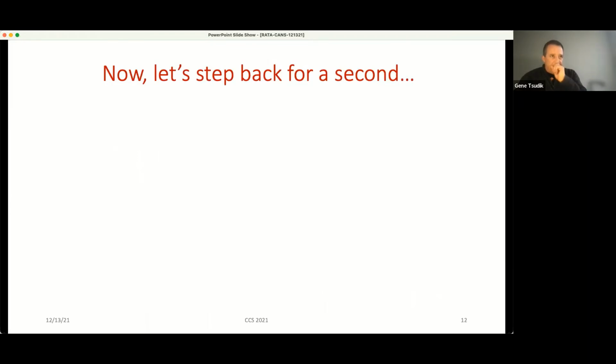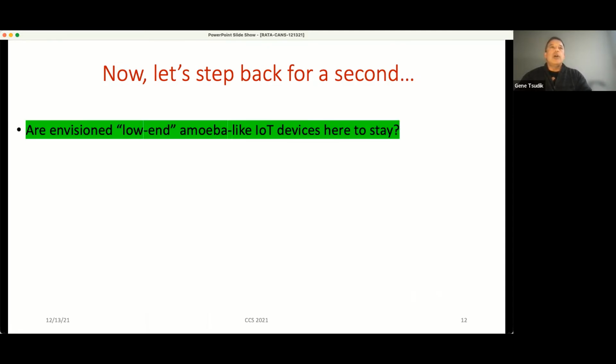Now let's step back for a second. Before we go on with what I warned you was going to be a very simple design, we can step back and ask a few devil's advocate type questions. First of all, you notice I talk about the low-end devices, again, these amoebas of the IoT world.